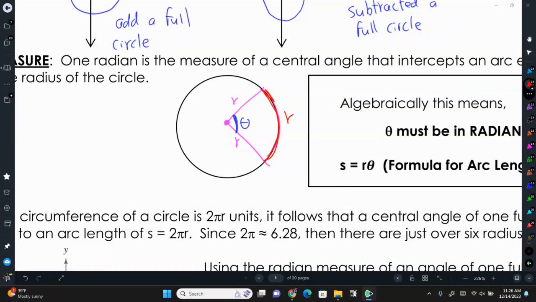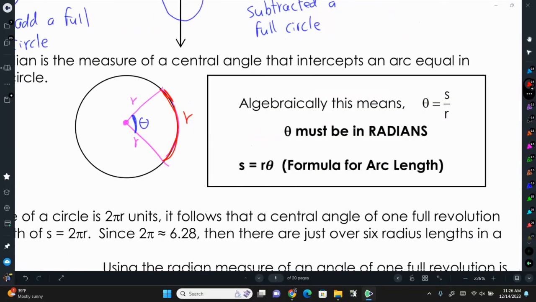So we can use that to calculate the arc length or radius or the angle measure, the radian, depending on what information we have.